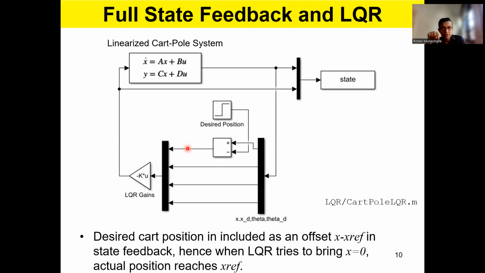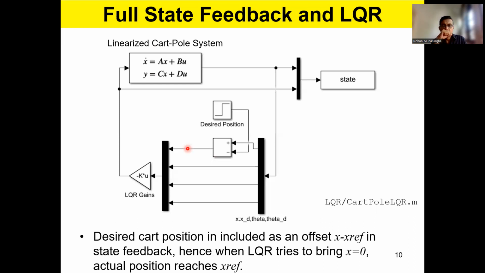All of the state variables, x, x dot, theta, theta dot, to 0. So when you have the pole initially deflected, x is somewhere and there's some theta. Also, you can have some initial velocities. The objective of the controller is to stabilize all these 4 variables, 0, 0, 0, 0. That's it. This is the standard regulator problem.